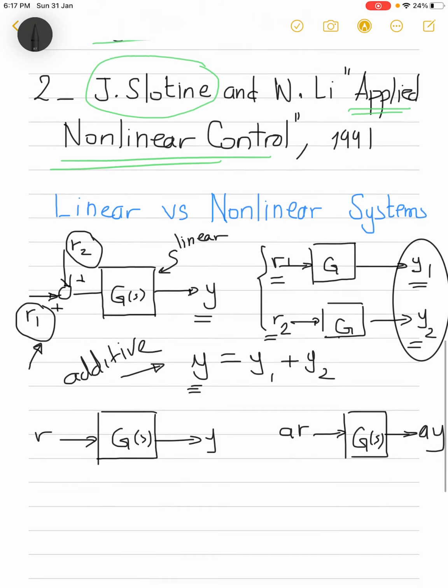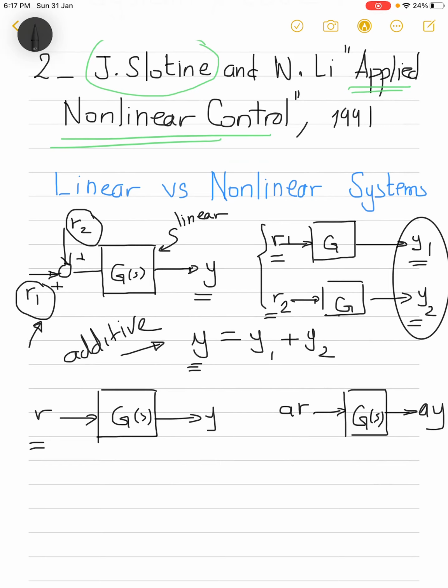Now, if we apply again an input R to a linear system and we get an output Y, if we multiply the input by some constant, so A here is a constant, and apply the resulting input to the system, and we get the same output obtained before but multiplied by the constant A, we call that system homogeneous.